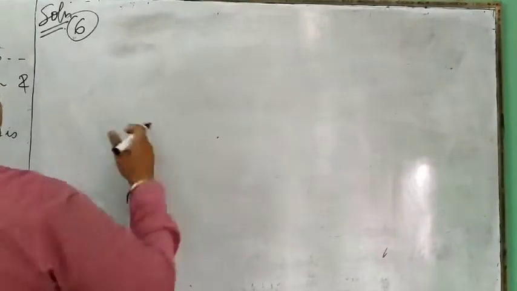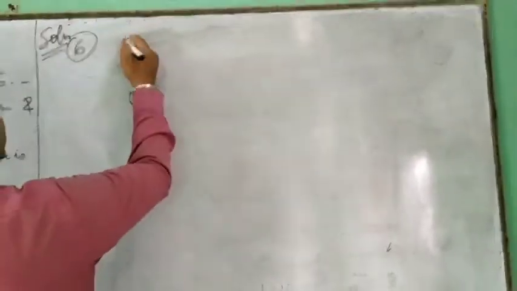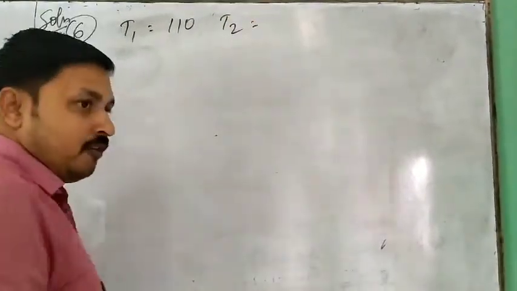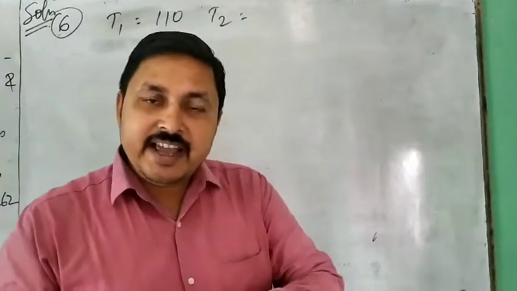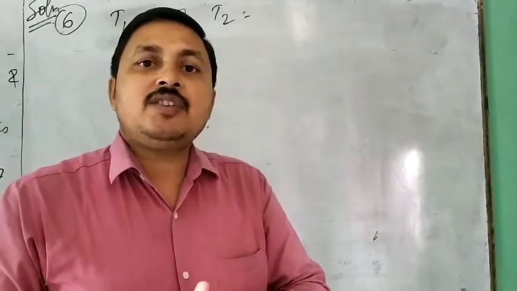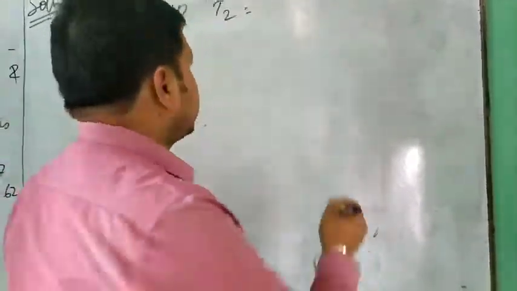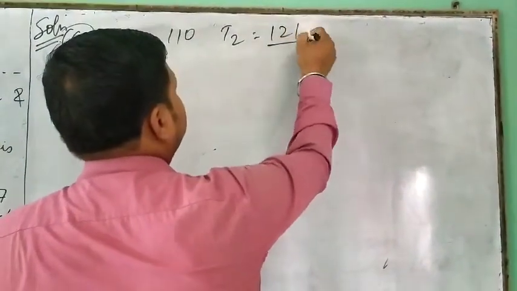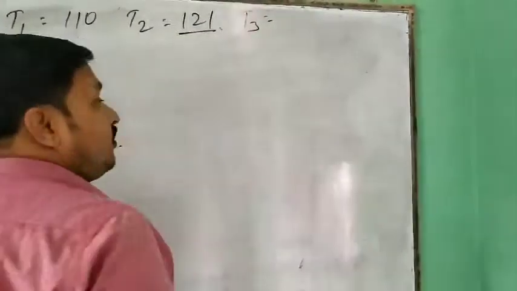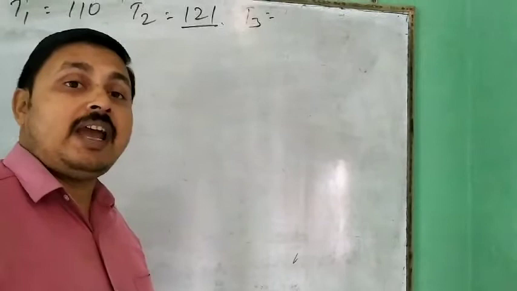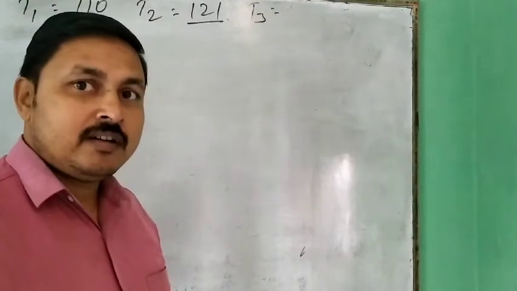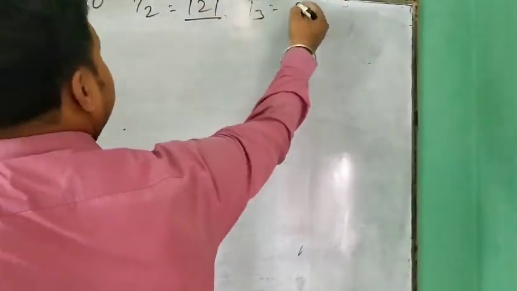Once again, your term 1 is 110, but for term 2, read the table of 11 11 times, because the next term divisible by 11 is 121. So that's your second number, T2. Then T3 is the table of 11 read 12 times, that means 132.